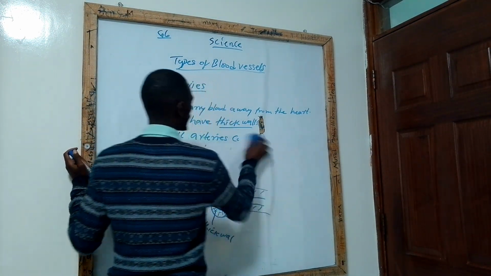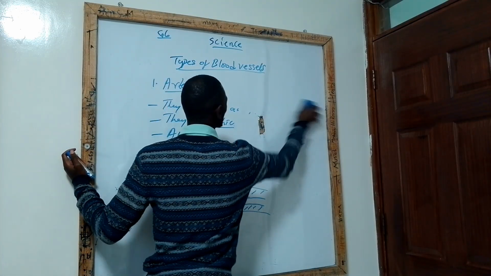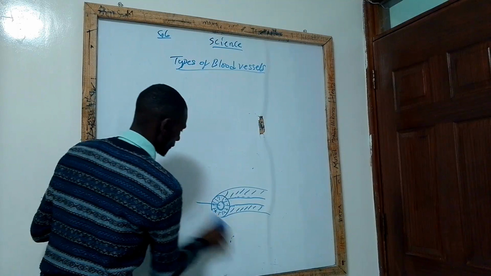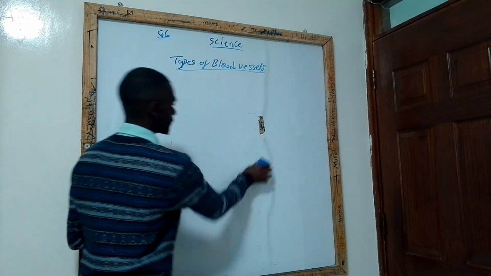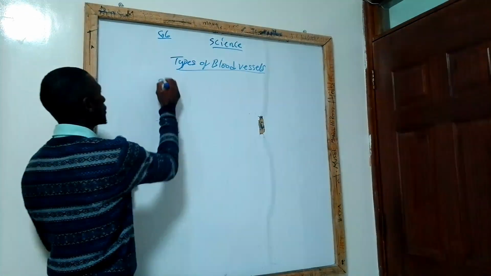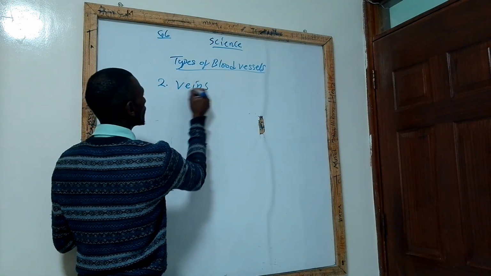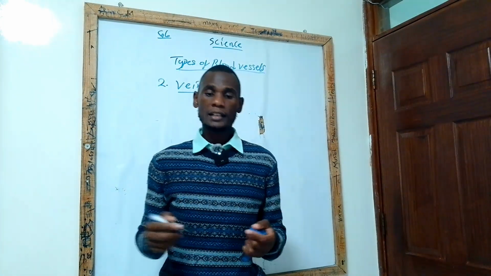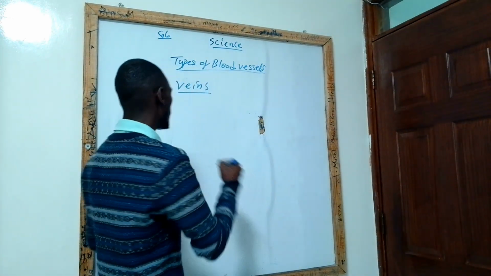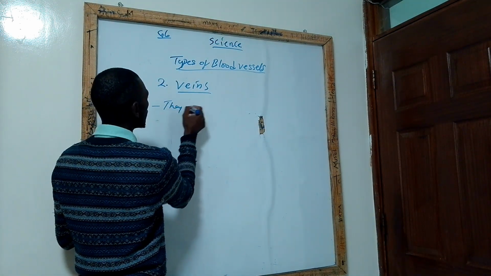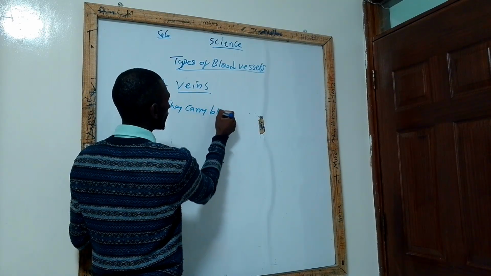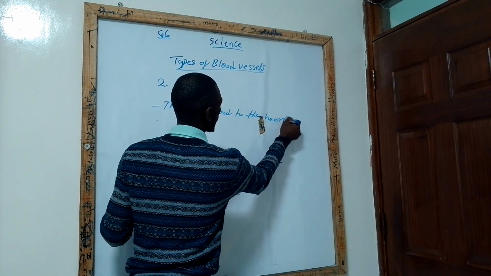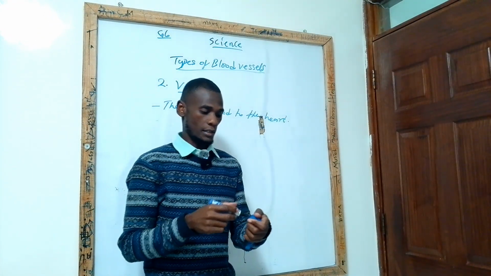Let's look at veins. So number 2, we have veins. Characteristic number 1 is that veins carry blood to the heart. So these bring blood into the heart.